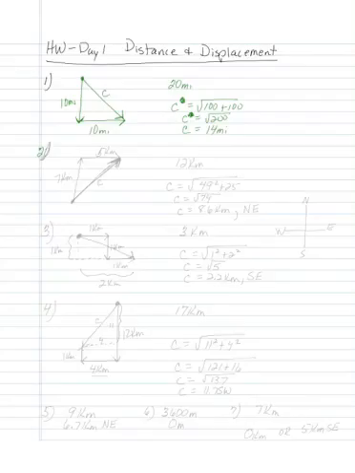Number 2. Charlene drives her scooter 7 kilometers north and then 5 kilometers east. The distance traveled is going to be 12 kilometers.